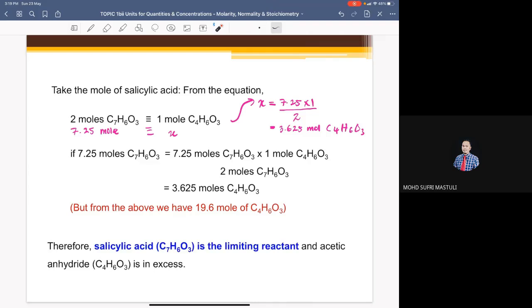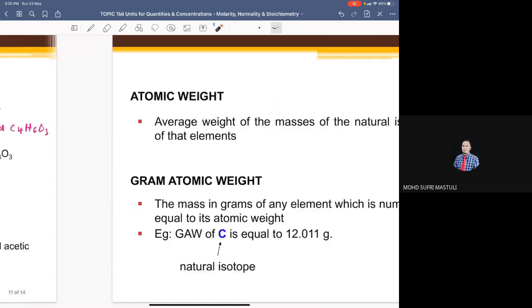Therefore, salicylic acid, C7H6O3, is the limiting reactant. Why? Because it's the smallest mole. And acetic anhydride appears in extra amount, in excess amount.